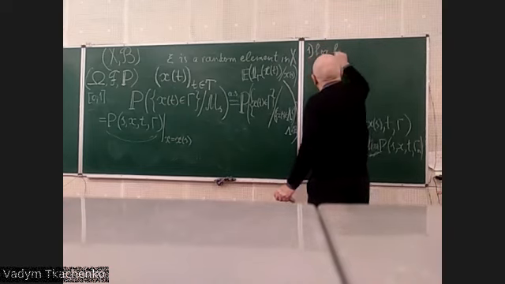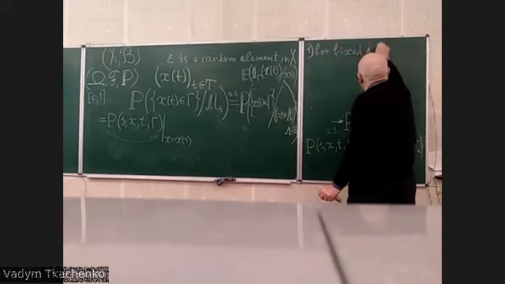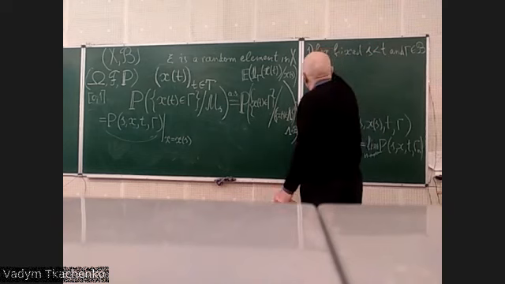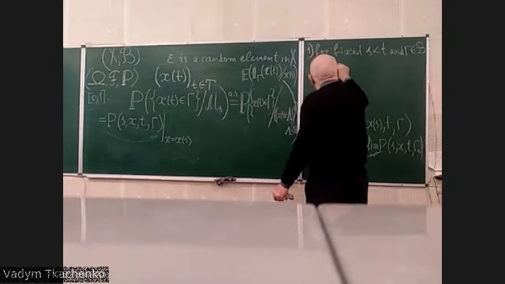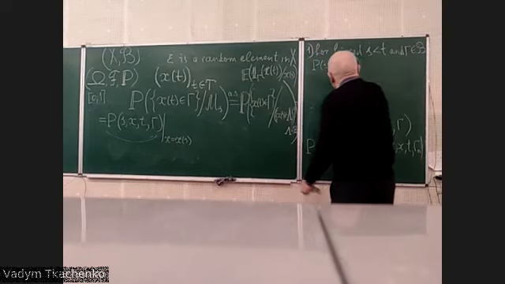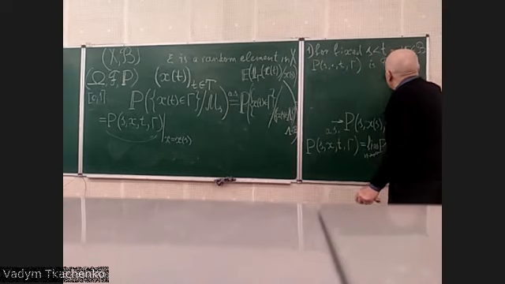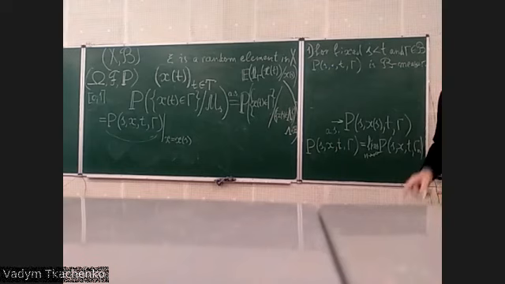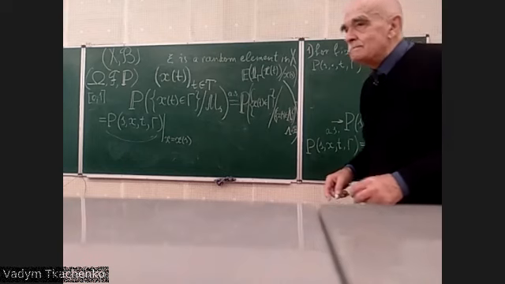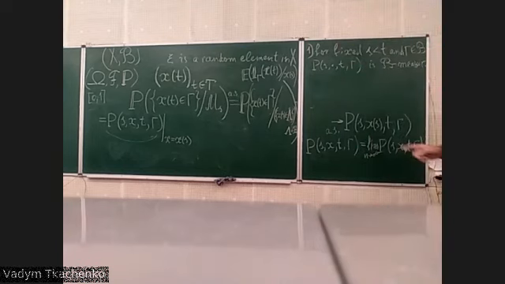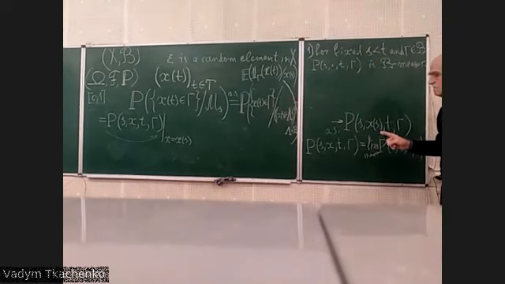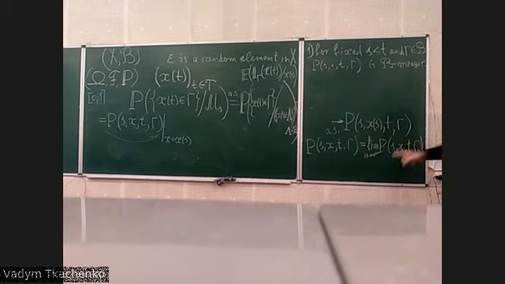For fixed s and gamma, this function as a function of this argument is measurable. This convergence is due to the continuity of conditional probability. Yes. Now we are considering functions with such convergence, and we want to construct our probability.